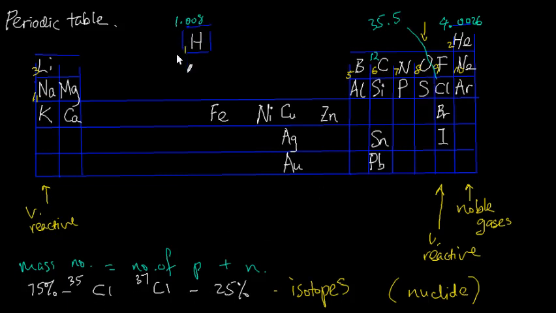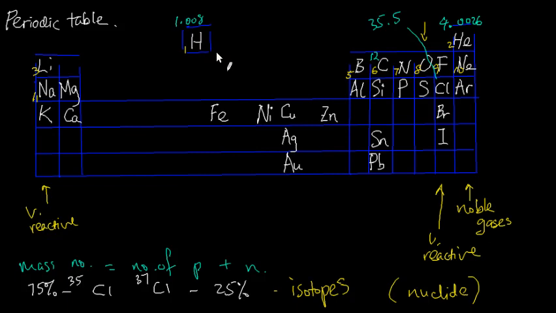For example, for hydrogen, it turns out that there are hydrogen atoms which have one or two neutrons as well.